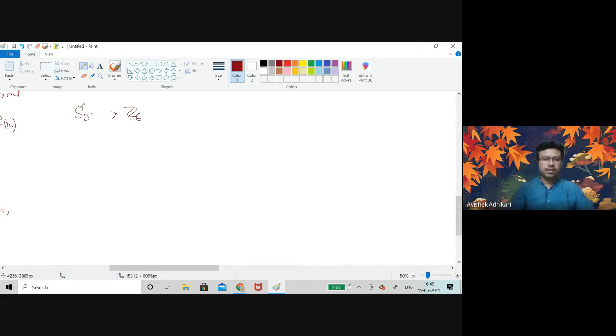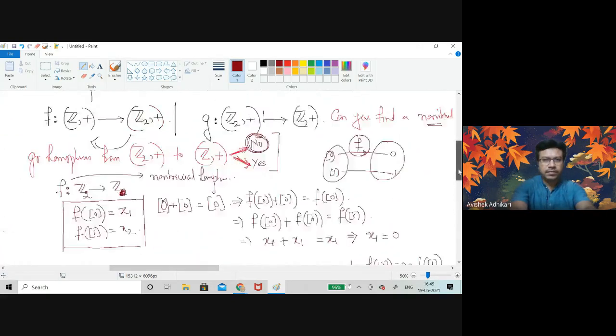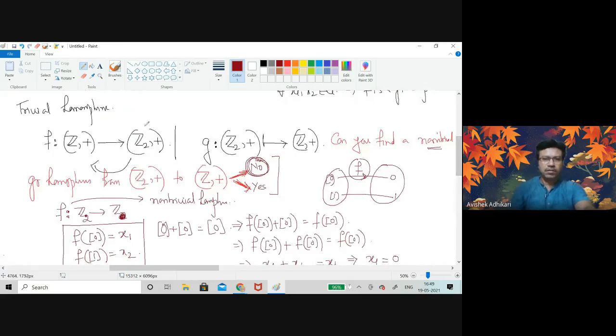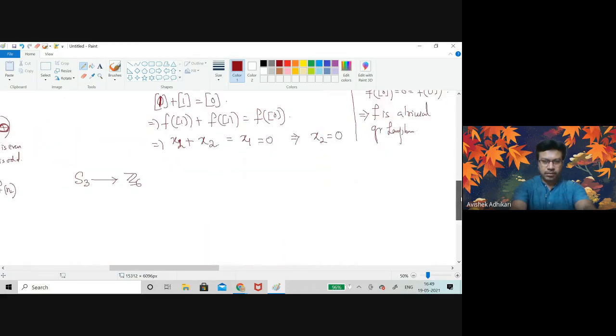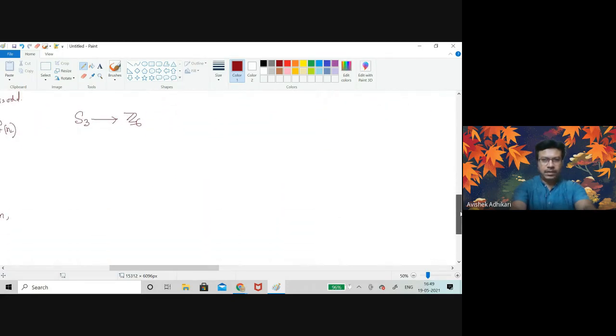In my previous example, one side was finite and the other was infinite. Now I am talking about both of them being finite. S3 to Z6. Can you find a homomorphism from S3 to Z6?